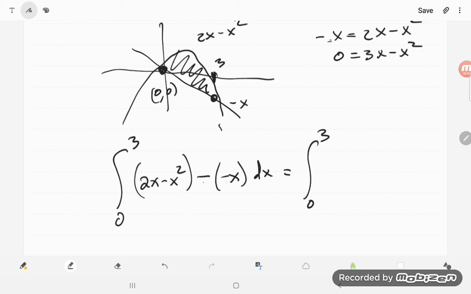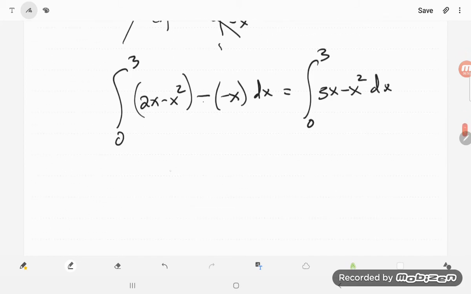There's a minus and a minus, so this is plus, so 3x minus x squared dx. So that is equal to 3x squared over 2 minus x cubed over 3 from 0 to 3, and the 0 is just going to go away.